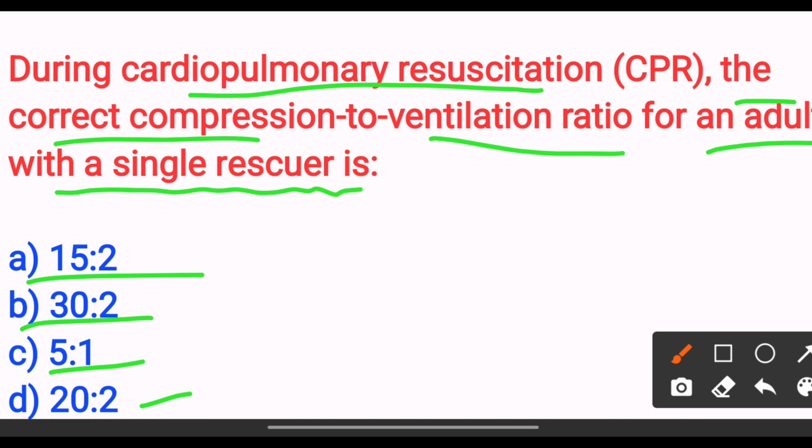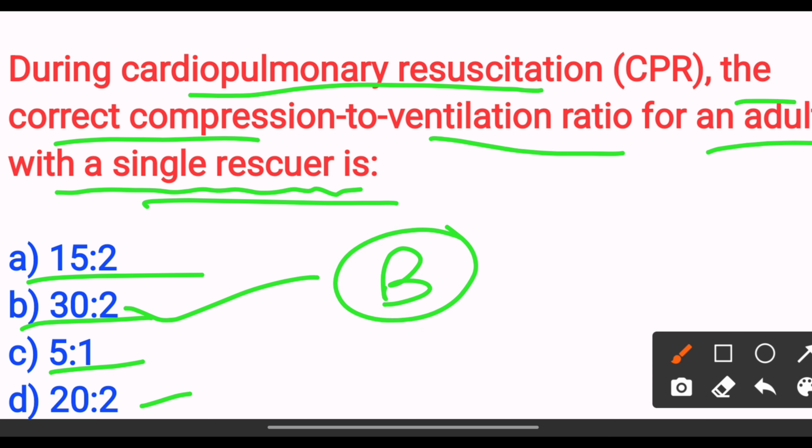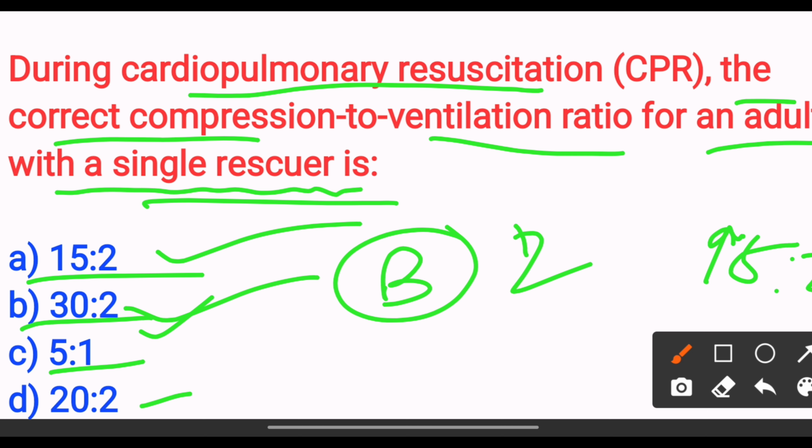They are asking about the single rescuer, so the answer will be option B. If they mention two rescuers for a child, the answer will be option A, 15:2. If one rescuer is there, 30:2. So the answer is option B.